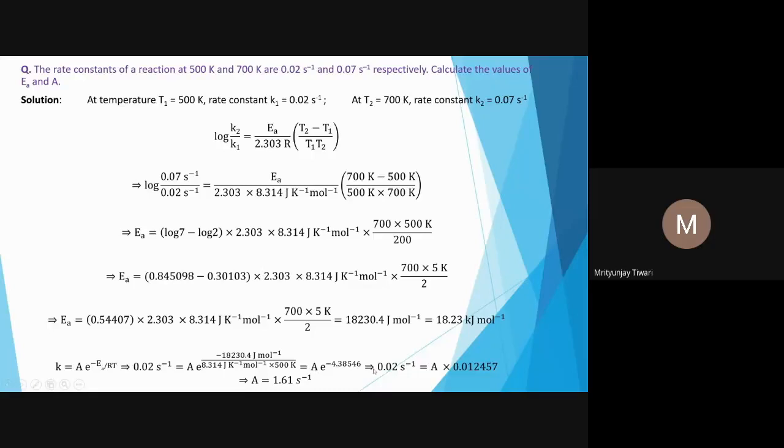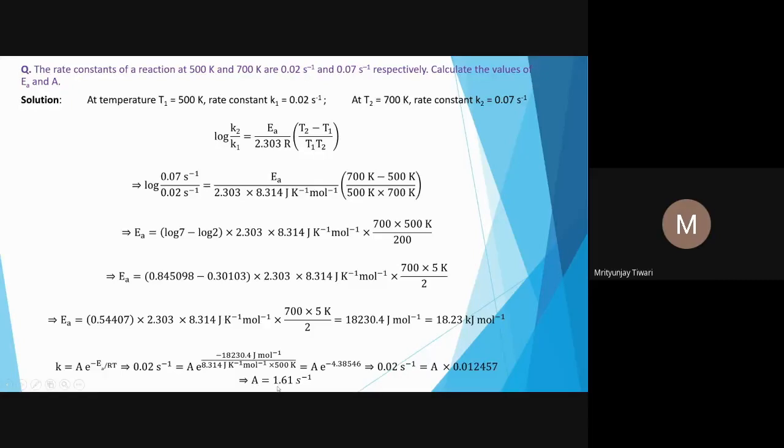So this equation is 0.02 per second is equal to A into this value, e to the power minus 4.38546, which is equal to 0.012457. So A will be equal to 0.02 per second divided by this. So the value of A will be equal to 1.61 per second.